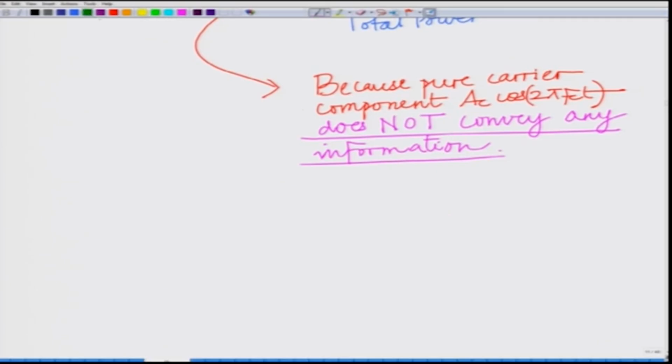So, you will realize that if there is no information, why is it being transmitted?